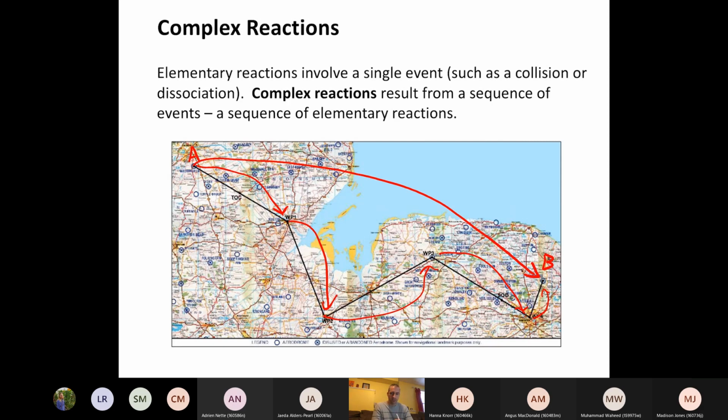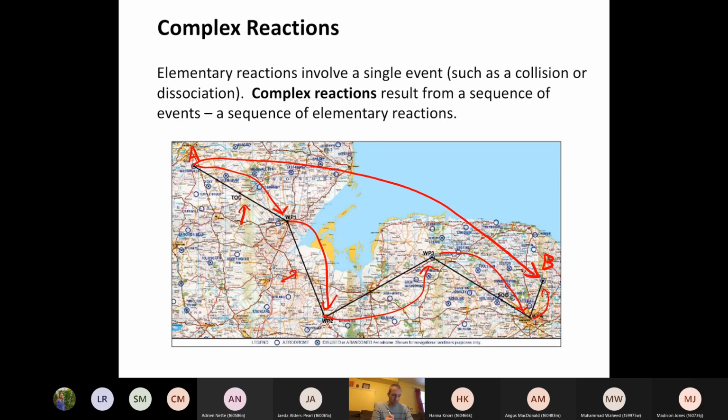Each individual step is an elementary step, like we've been looking at up to this point, but collectively, the overall reaction is a complex reaction. So everything we've learned so far about elementary steps applies only to the individual steps, not to the overall process. Next class, we're going to tackle how to think about an overall complex reaction by piecing together these elementary steps.